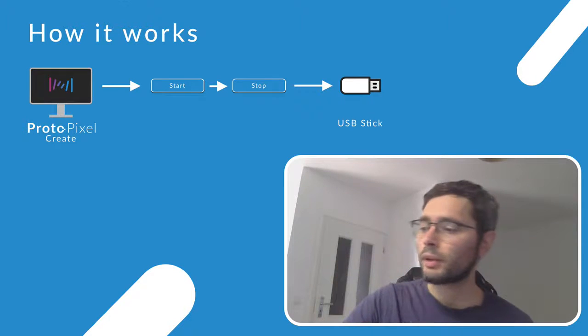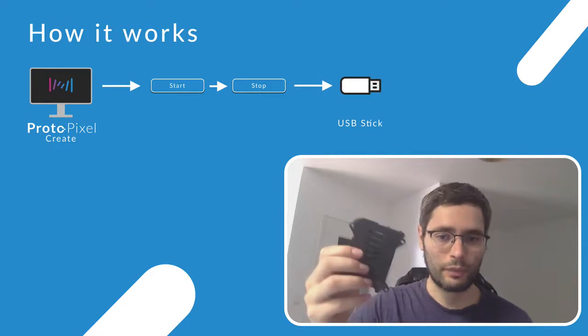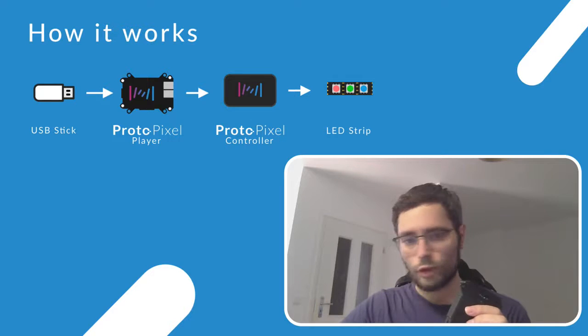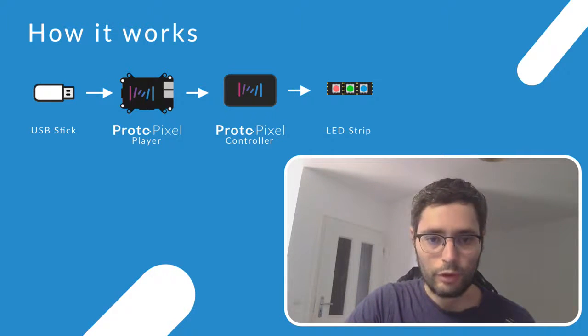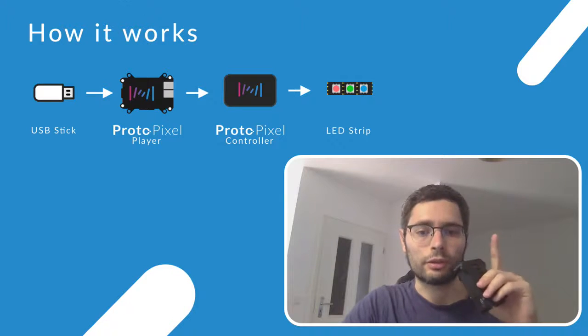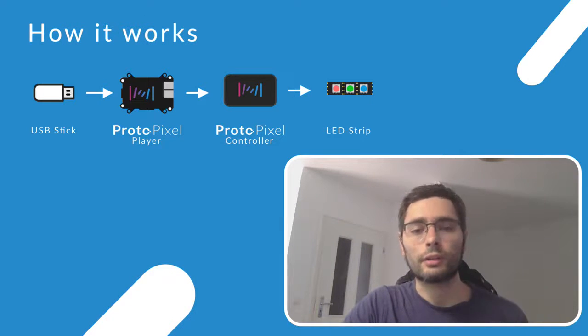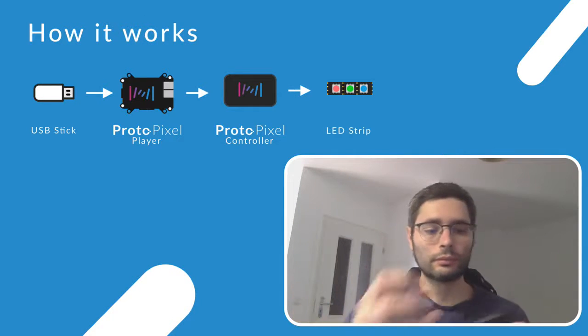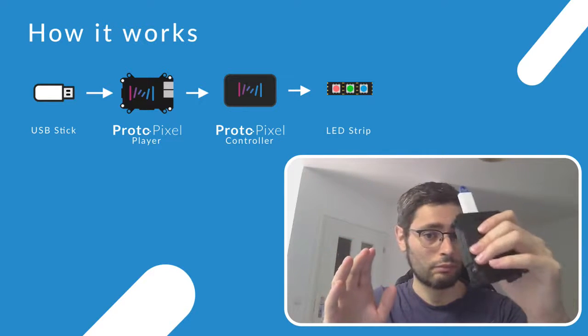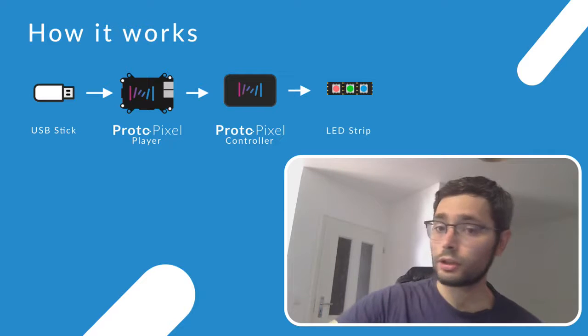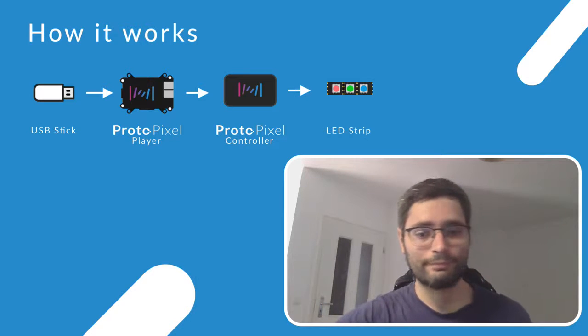And this can be played back by Protopixel Player here. You would just use a USB stick, put it into your computer, in Protopixel Create start recording, stop recording, take this off, put it here, that's it. Simple.